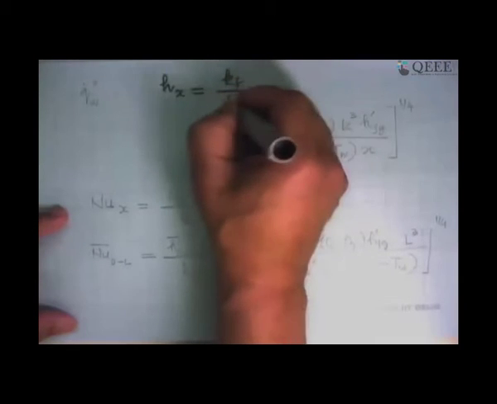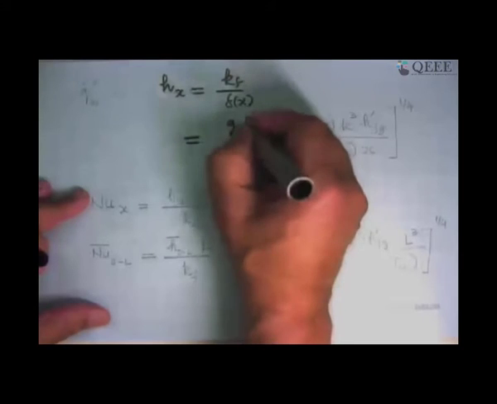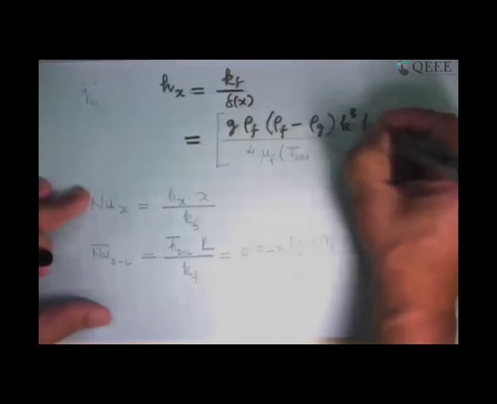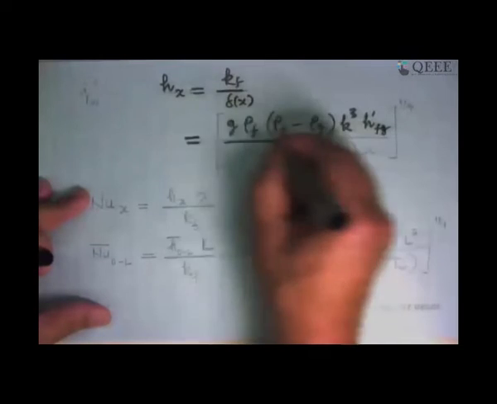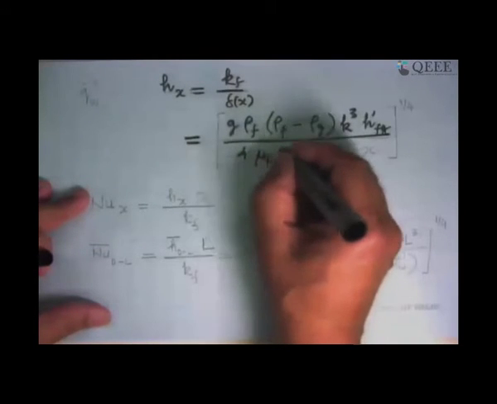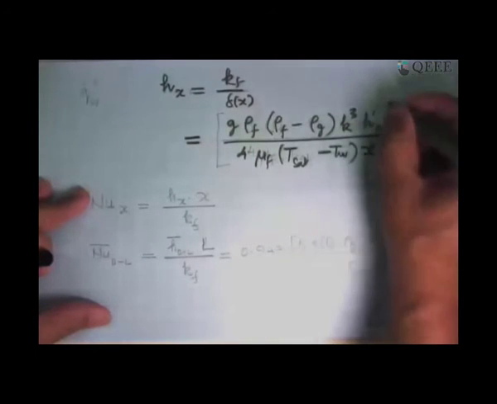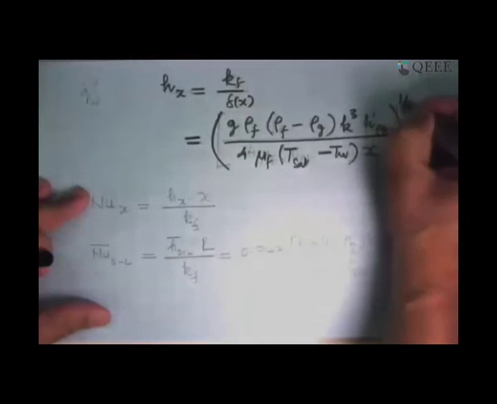And now we say, how can I get the heat transfer coefficient? And for that, we had already written in the beginning, hx was kf upon delta. We just got delta as a function of x. And if we just substitute it into this and make a little bit of simplification, this will still give us a rather involved looking type of an expression. k cube upon h prime fg divided by 4 mu f Tsat minus Tw into x, all of this raised to the power 1 by 4.